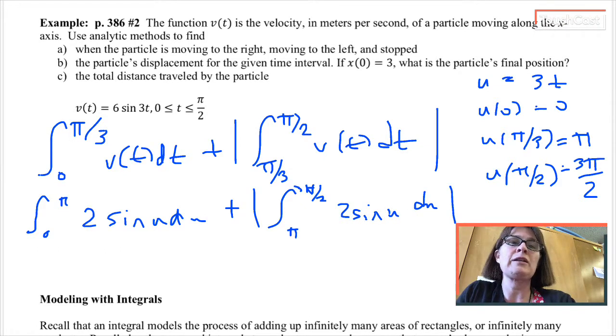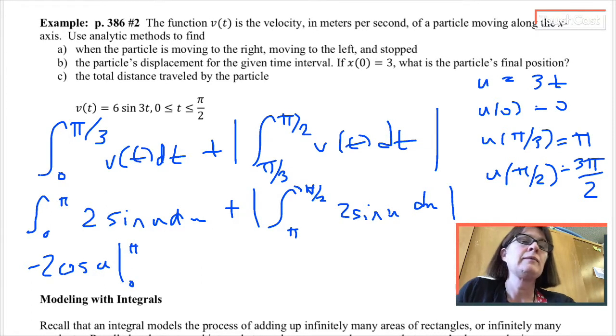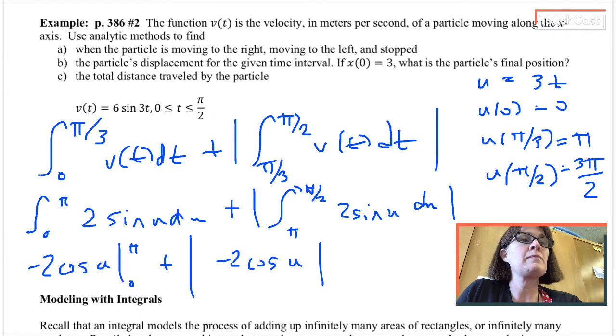And we said that was going to be negative 2 cosine u from 0 to pi, plus the absolute value of what I get of negative 2 cosine u from pi to 3 pi over 2.